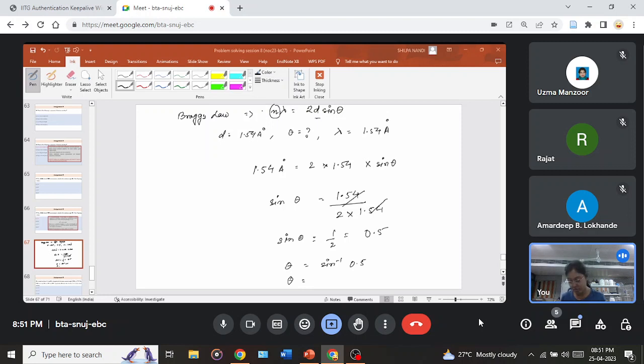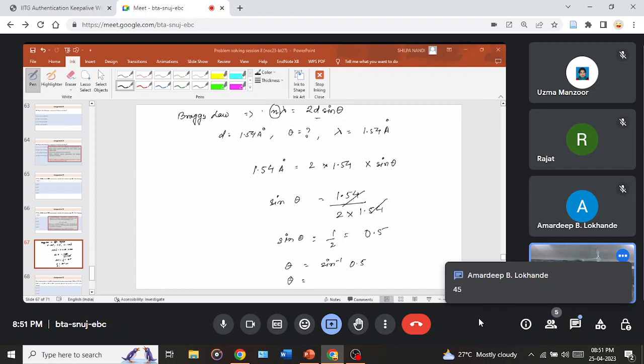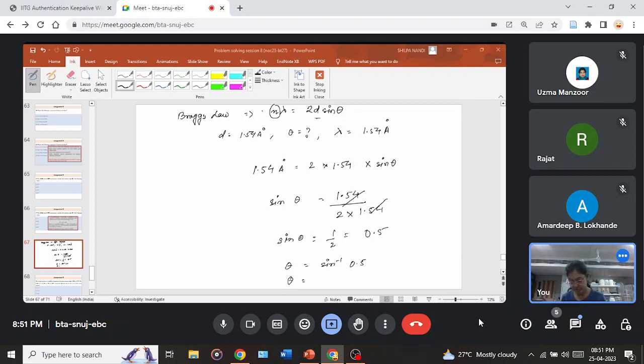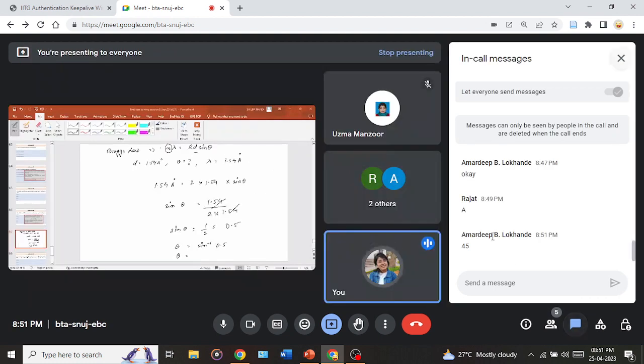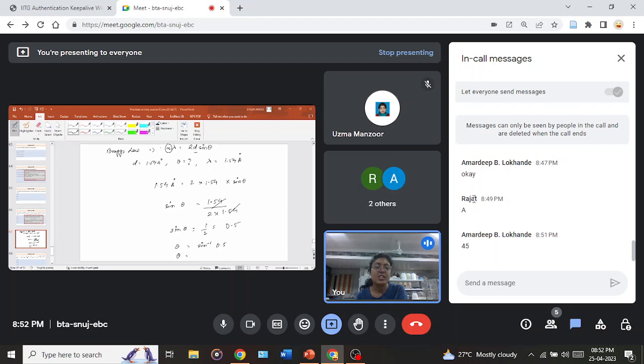If you take your calculator and try to solve, how come 45? Sine inverse 0.5 is how much? 45? You already gave the correct answer. Okay, someone said A. Rajat said A and Amardeep is saying 45.